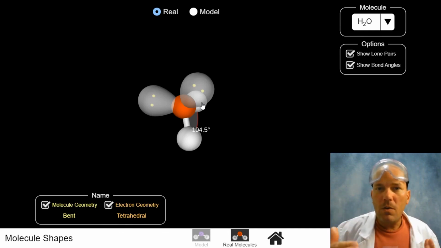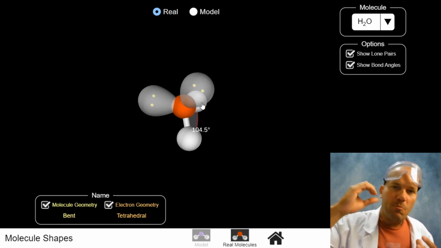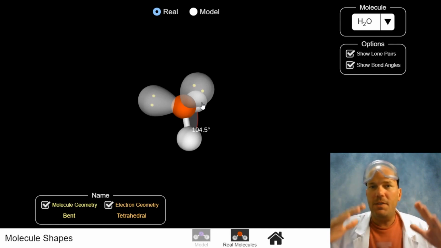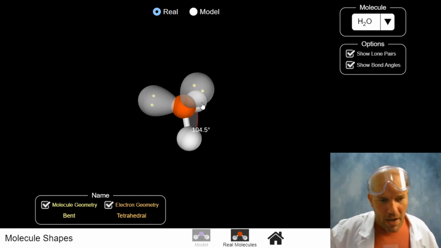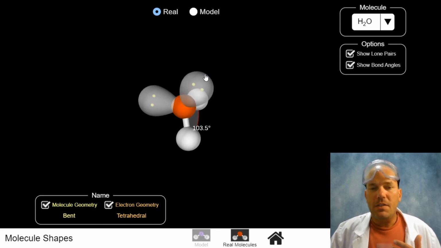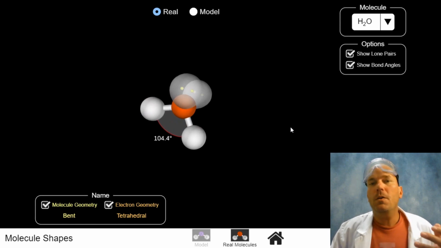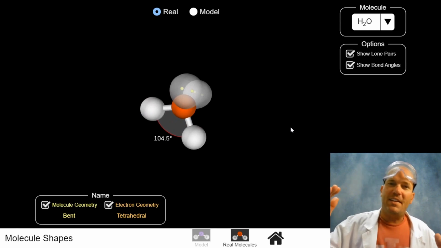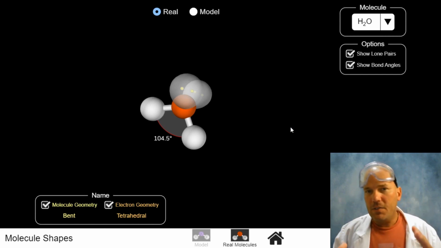So we had a 109.5 for a tetrahedral. And then when we added one lone pair on the central species, we went down, so around 107. And now for water, you can see a bond angle of 104.5, so even less than 107, okay? And that's how this works.